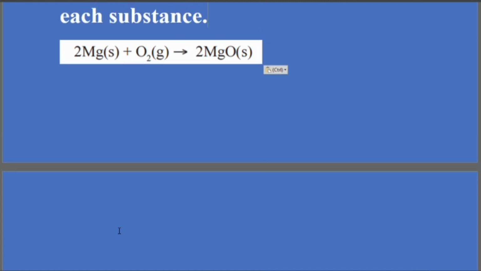Now we complete our equation by inserting the correct state symbols. Magnesium is a solid, oxygen is a gas, magnesium oxide is solid. Now our equation is complete.